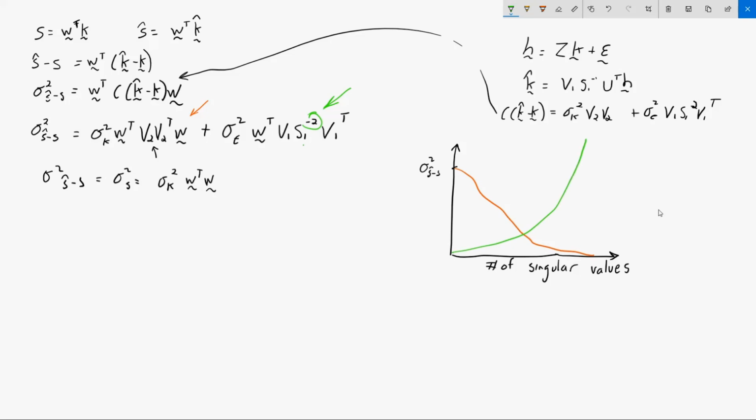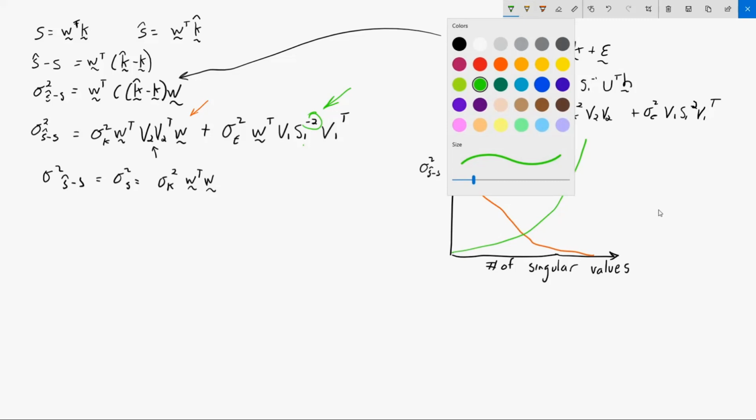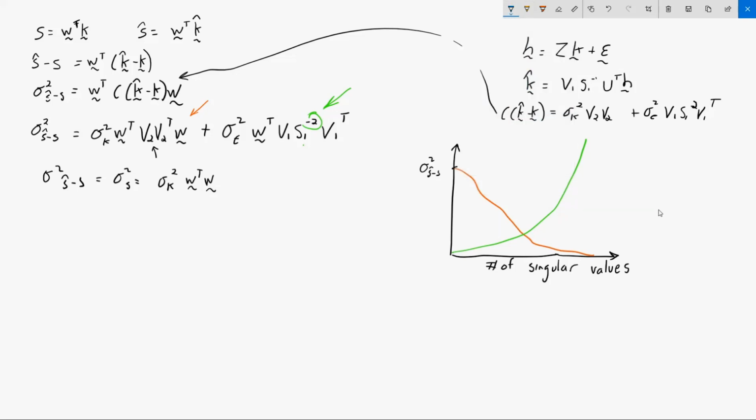So that goes up like that. Sum the two together and we have this. If I can draw it properly, we have a minimum and then it goes up again. This then is the sweet spot. This is the point at which I have minimized the error variance of my prediction.